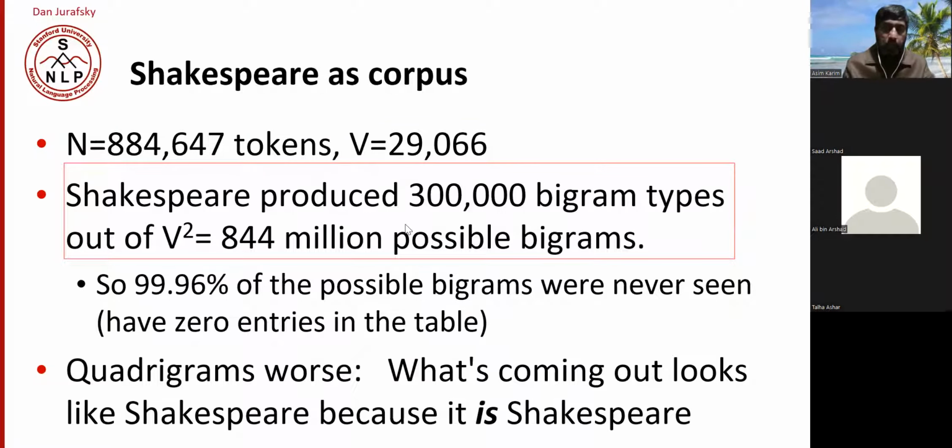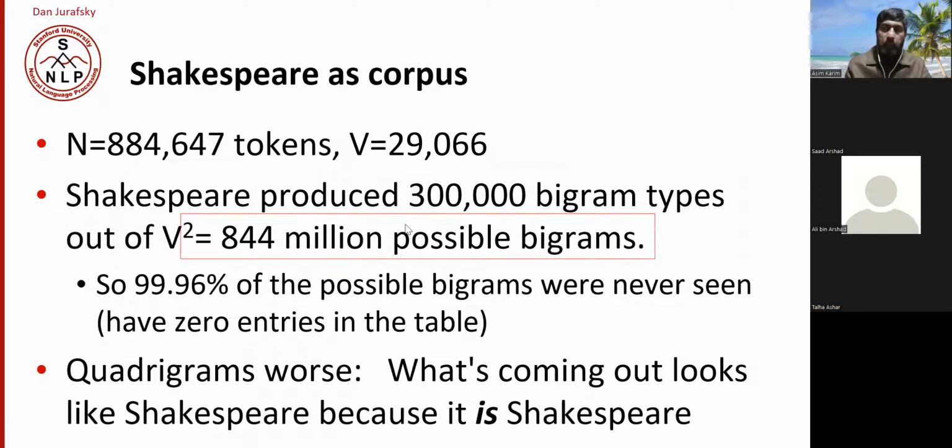So there are 30,000 unique words that Shakespeare used in his writing. And of course, the total number of words that he used in his writing is over 800,000. So 30,000 vocabulary, which is distinct words, and 800,000 is the number of tokens.